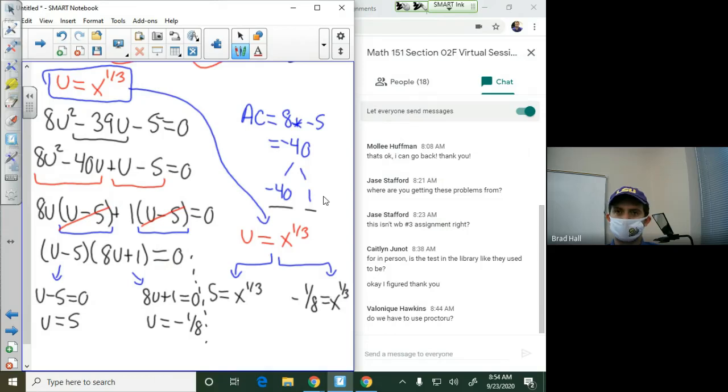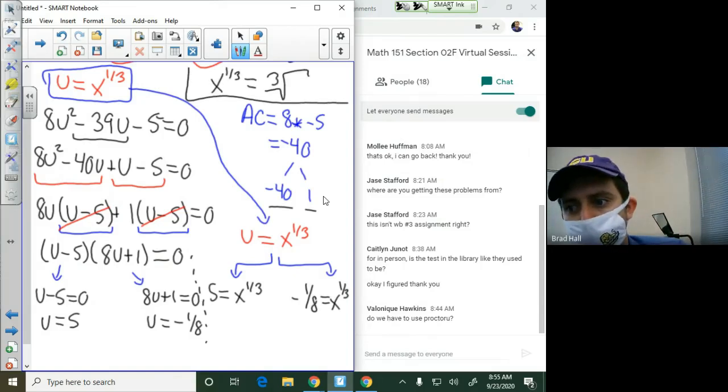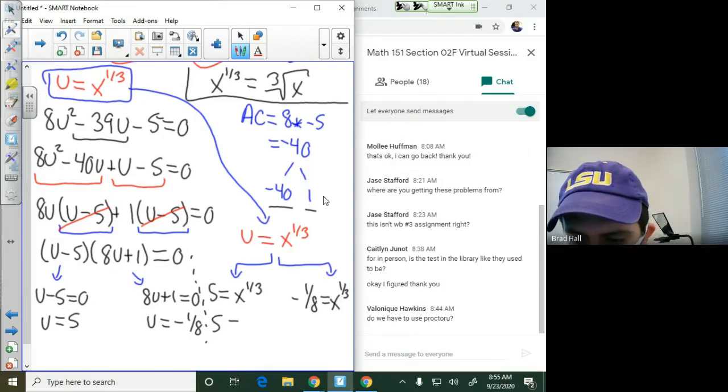Then you think, well, what is a 1 over 3 power? A 1 over 3 power is the same thing as a third root. So to get rid of a 1 over 3 power, you have to apply the third root to both sides. This is the same thing as the third root of x.